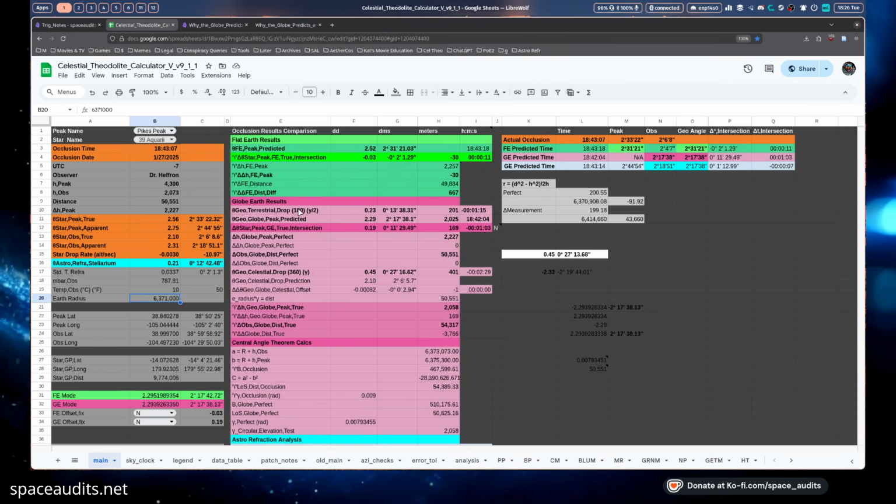Because on the globe, as the star gets lower angularly because the Earth is rotating at 15 degrees per hour, it's going to drop by 27 arc minutes angularly over 2 minutes and 29 seconds in real seconds.